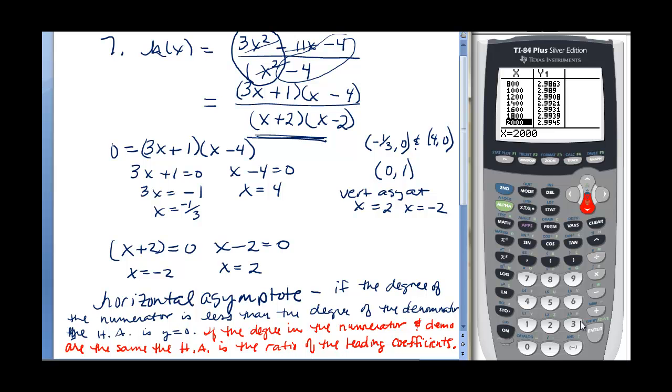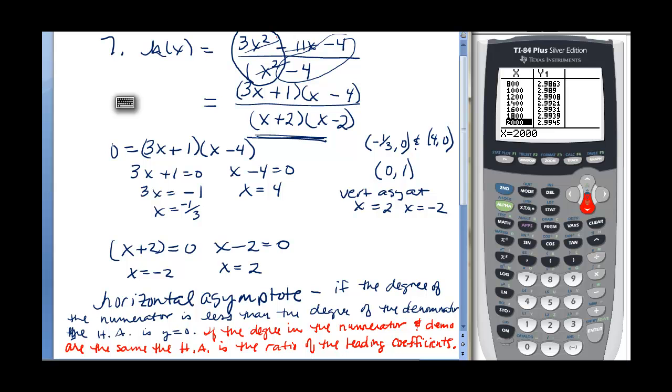Okay, so here's our rule for horizontal asymptotes. If the degree in the numerator is less than the degree in the denominator, the horizontal asymptote is y equals 0. If the degree in the numerator and the degree in the denominator are the same, the horizontal asymptote is going to be the ratio of the leading coefficients.